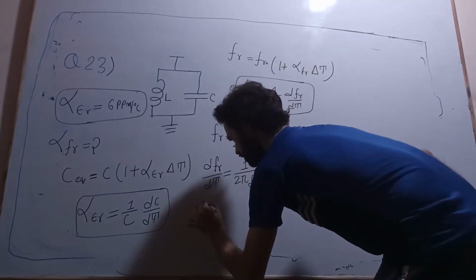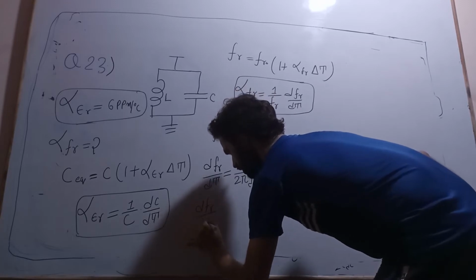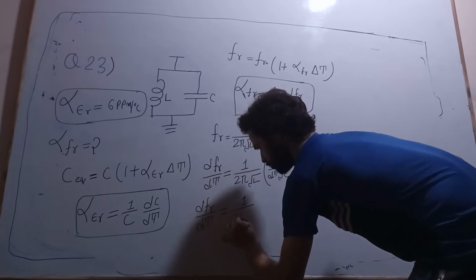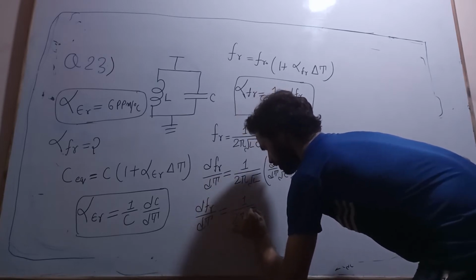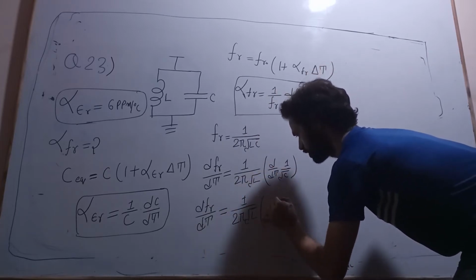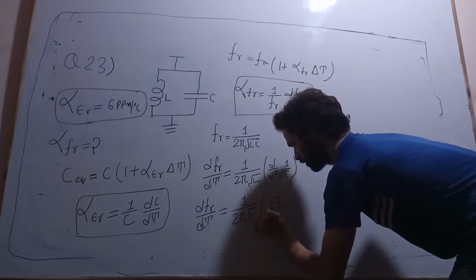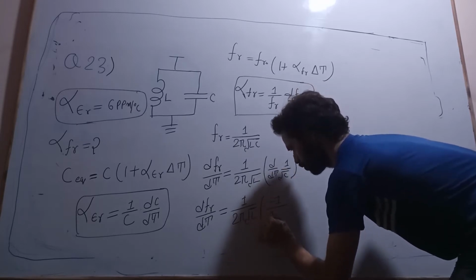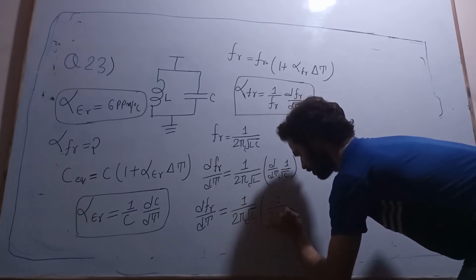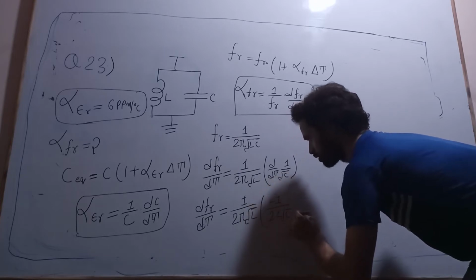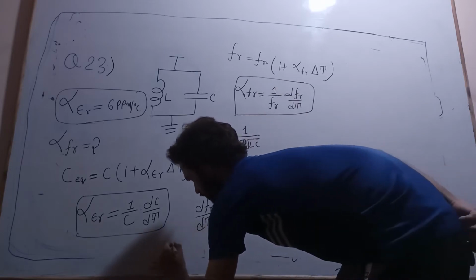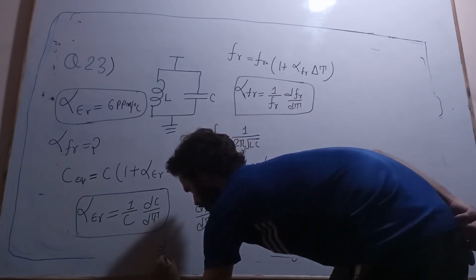Now see here, dfr by dT is equal to 1 by 2 pi square root of L. Now differentiate: d by dT of 1 by square root of C is nothing but minus 1 by 2C root C. How did it come?